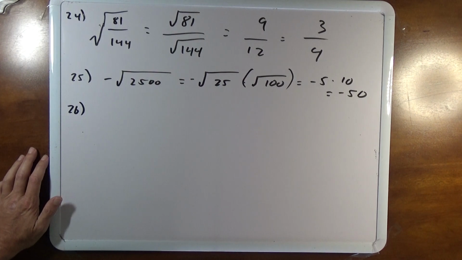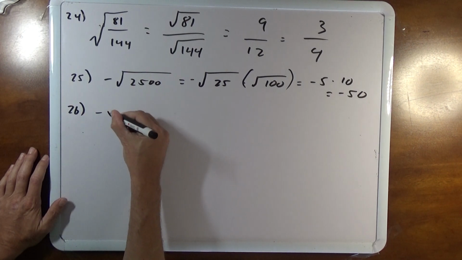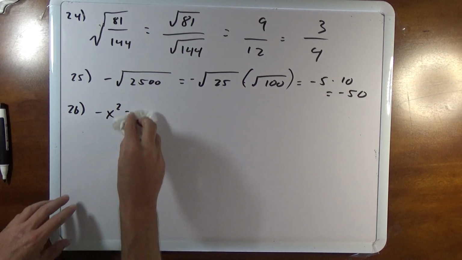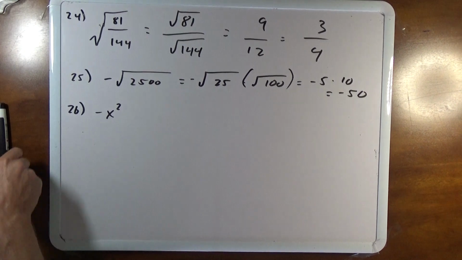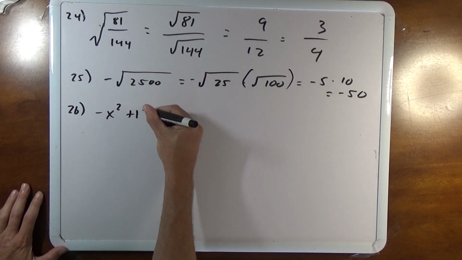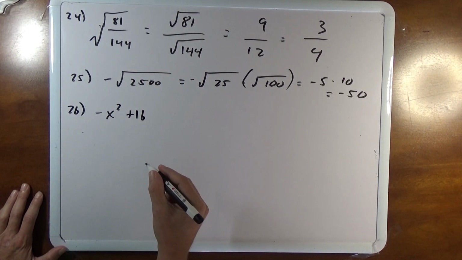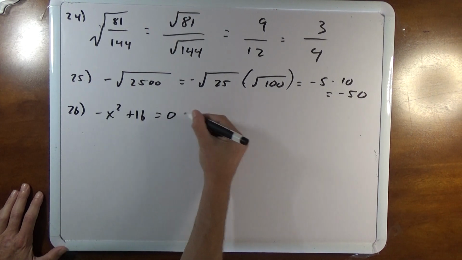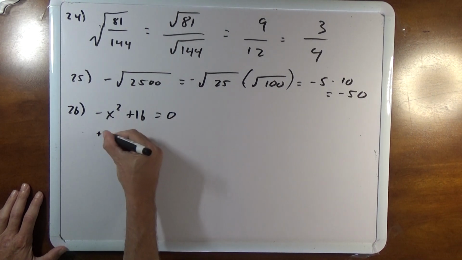26 says solve using square roots. The opposite of x squared plus 16 is equal to 0. Is that right? So I'm going to add my x squared.